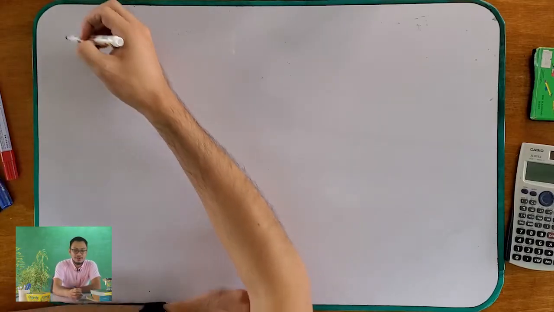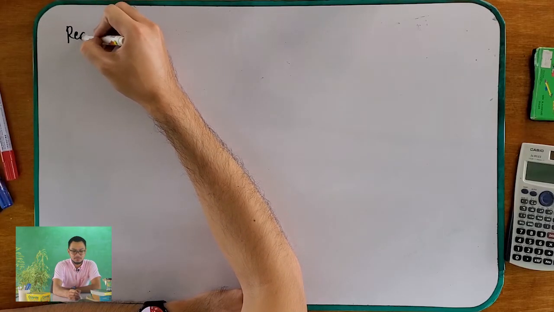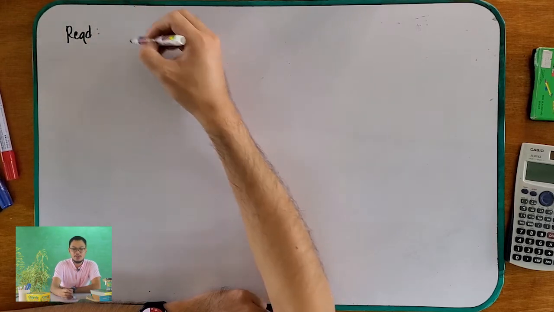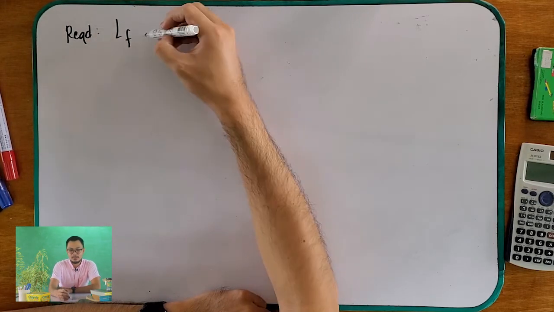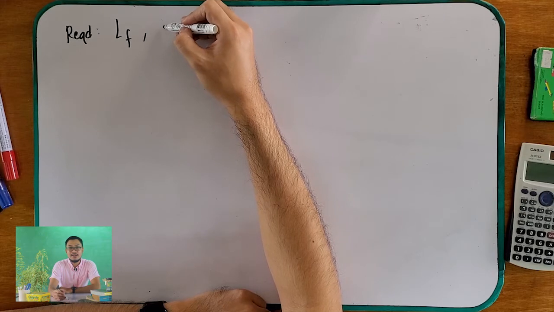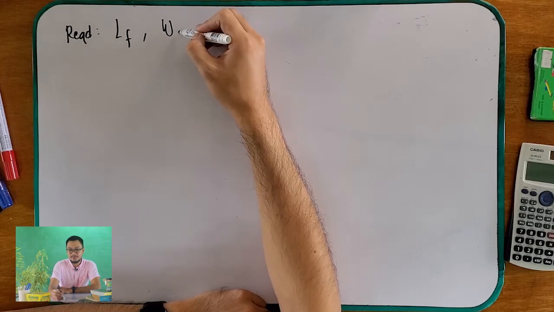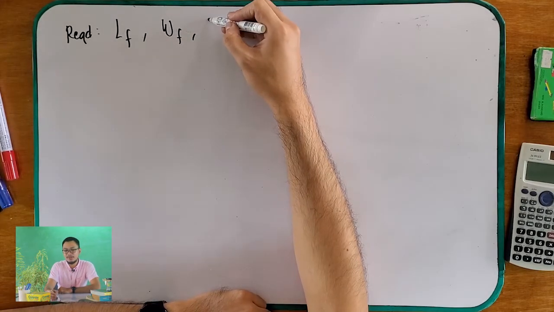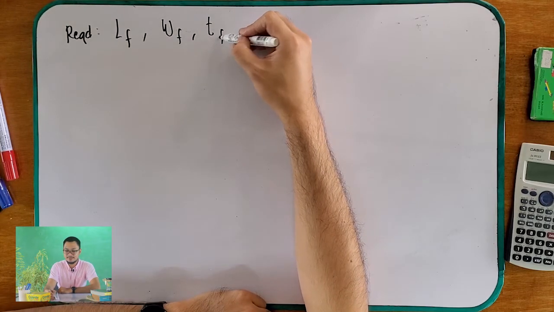Okay, so let's try to solve this problem. What we are required to find is the final length, the final width, and the final thickness.